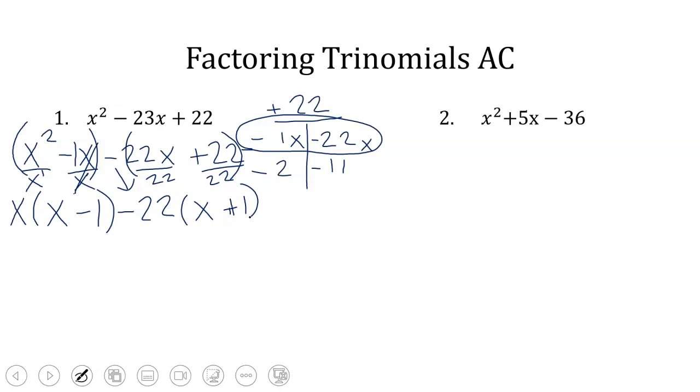Does that match? No, because when we took out the GCF right here, this 22 is actually not a positive 22, it's a negative 22. So you need to divide a negative 22. So negative 22 divided by negative 22 is positive x.